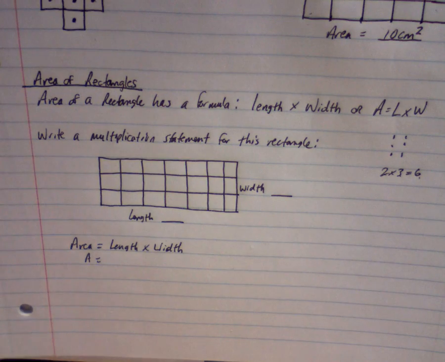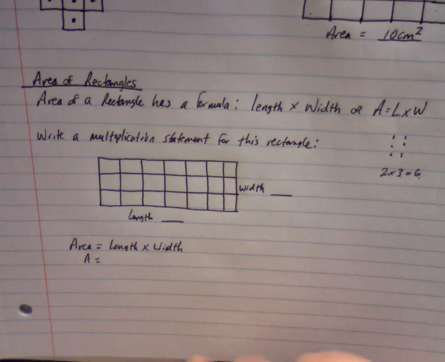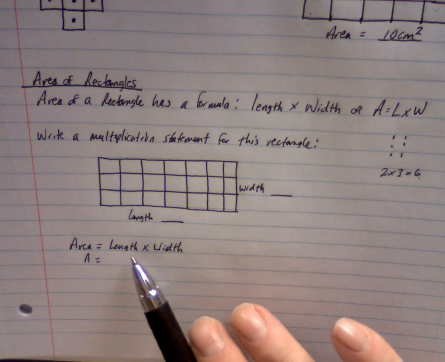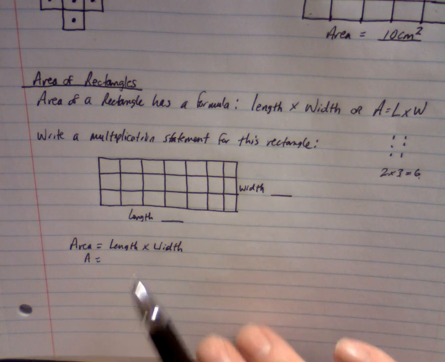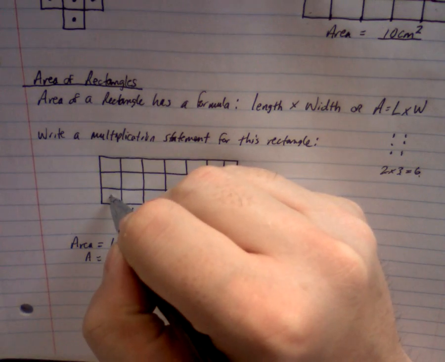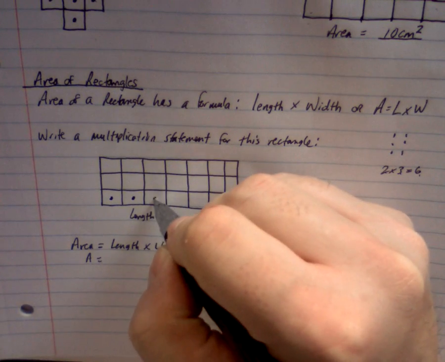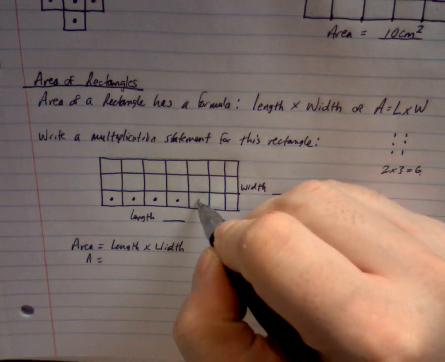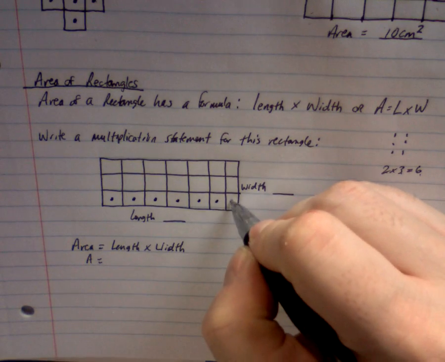So let's look at our example here. We're going to write the equation out, and I'm going to walk through it step by step with you. Let's find out what our length is. Our length is 1, 2, 3, 4, 5, 6, 7.